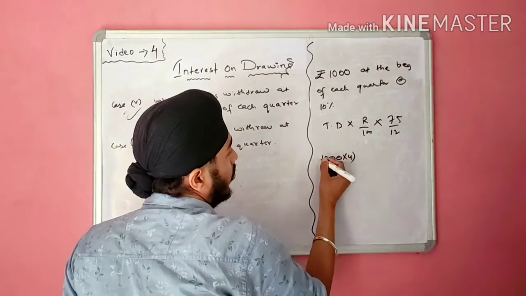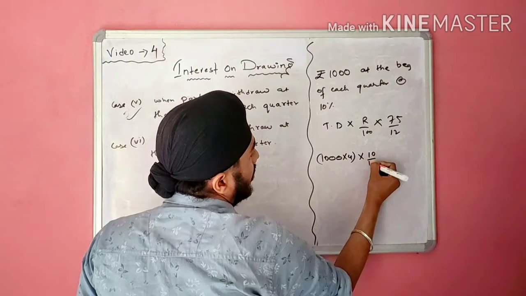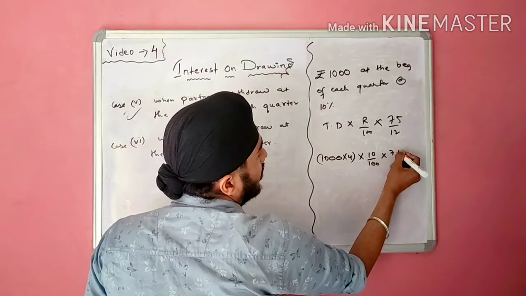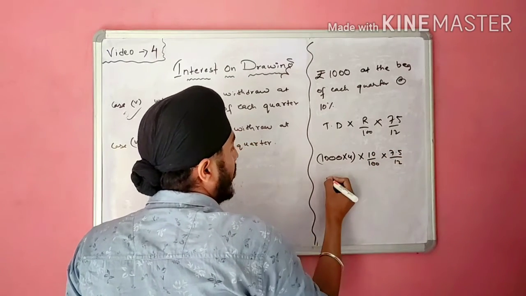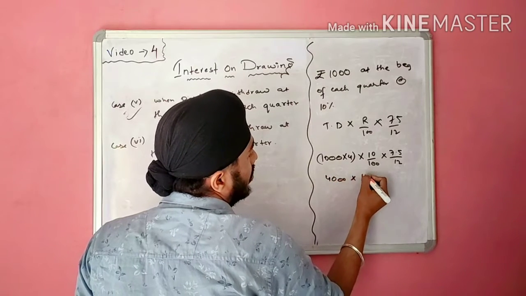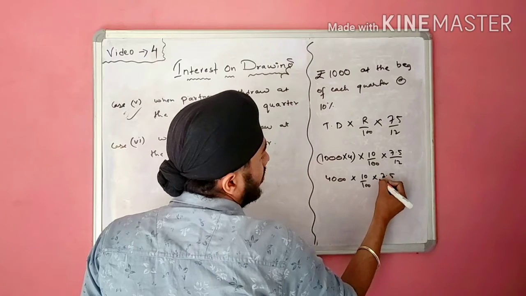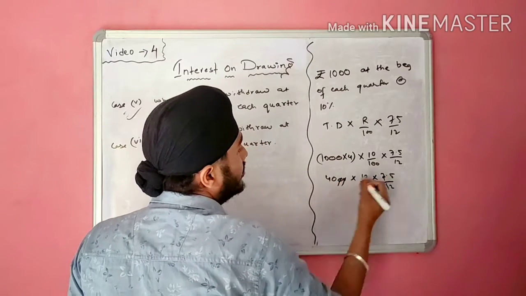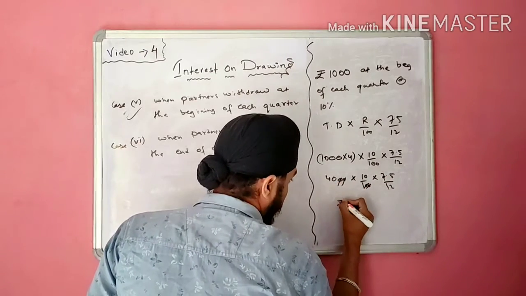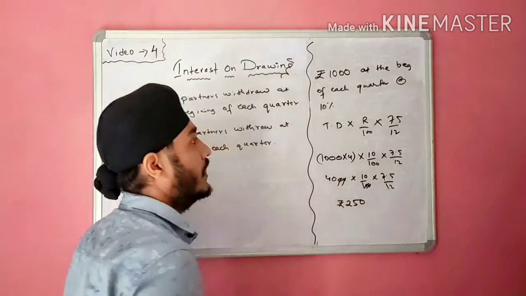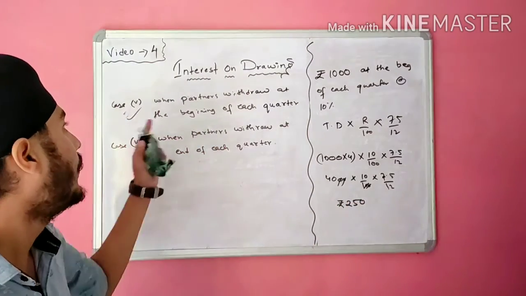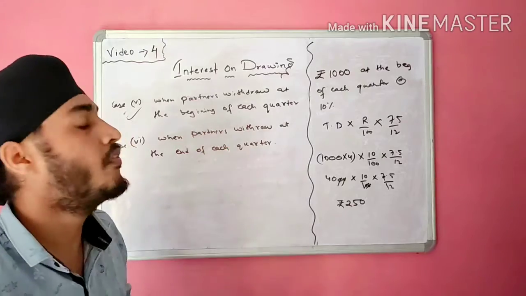So into 4 into rate 10 by 100 into 7.5 by 12. Now calculate it. 4000 into 10 by 100 into 7.5 by 12. 0 0 cancel. By multiplying this you will get rupees 250. So this way the interest is calculated when partners withdraw at the beginning of each quarter.